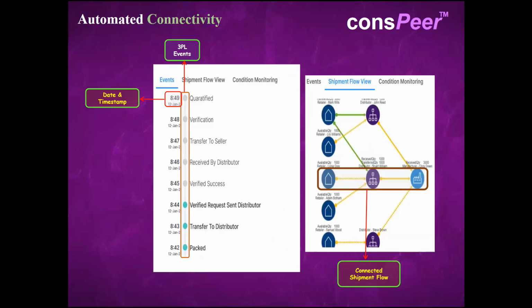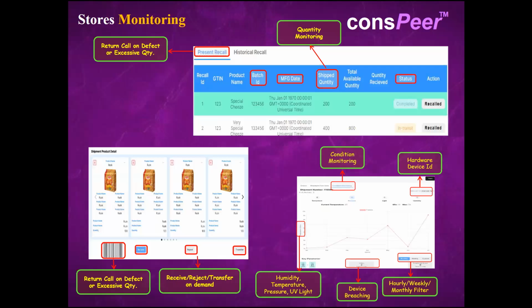Then packed transfer to distributors. All those things are happening. That is shown in 3PL, third party logistics, with real-time tracking. Now here is present recall.